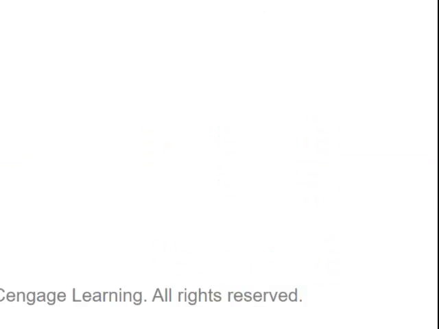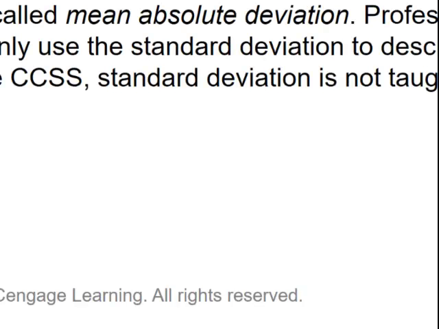Now on to standard deviation. The mean absolute deviation is just how each of your data points varies from the mean, and standard deviation itself usually isn't taught until high school, but we can look at how that data is spread out.